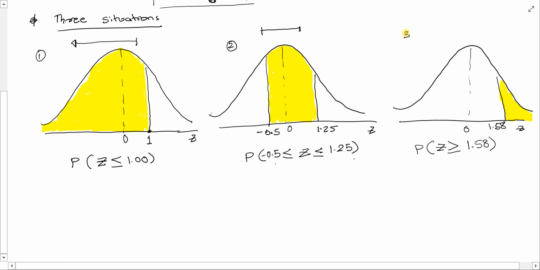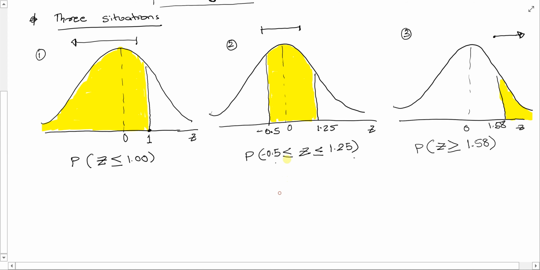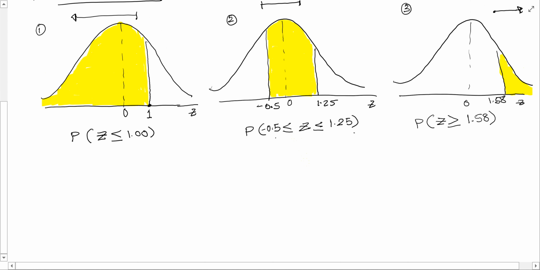And in the third example, the area to the right of some point on this bell curve. You can look at my other video that deals specifically with how to read this standard normal table and also the t-distribution table.